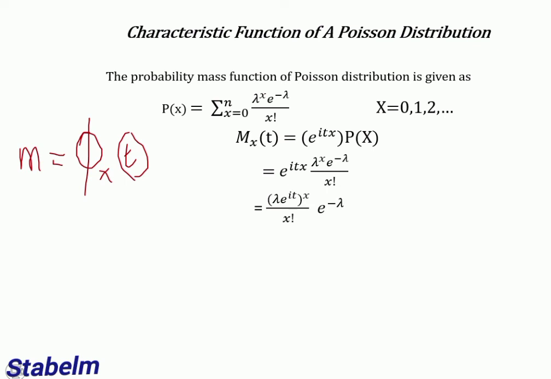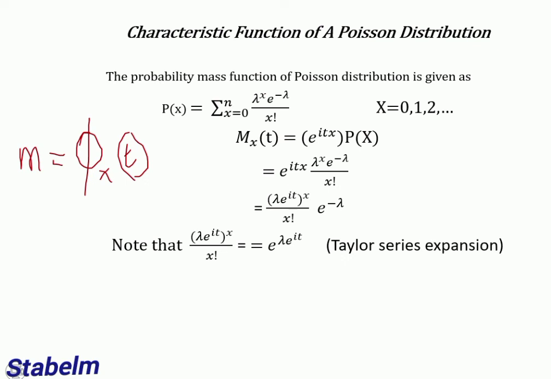Now in Taylor series expansion, the whole of what we have here could be represented as exponential raised to the power lambda exponential iota t. So just note that this value here, lambda exponential iota t raised to x divided by x factorial, equals exponential raised to power lambda exponential iota t, and this is a Taylor series expansion. There is a way of expanding this, and that is another topic on its own. So we just take it this way and move on.